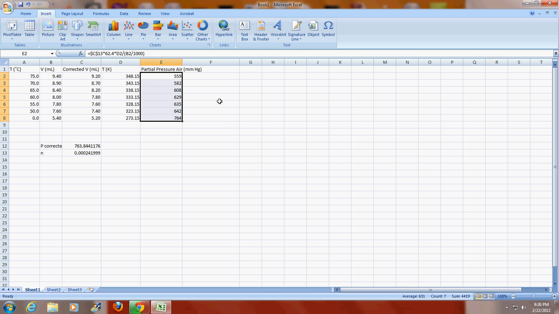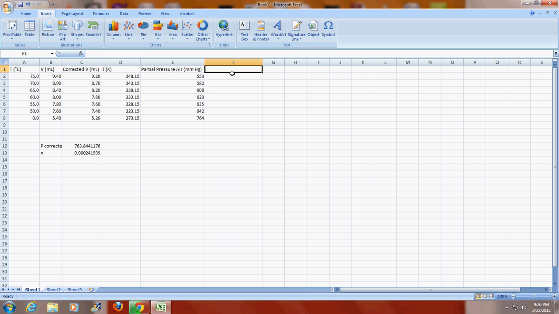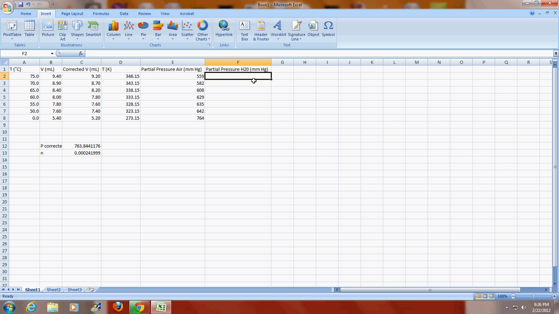Now, in my next column, I'm actually going to have the partial pressure of water, which is what we're interested in. And this, of course, is also in millimeters of mercury. And so to get the partial pressure of water, I'm simply going to take the total pressure, okay, which is this pressure, and I'm going to lock it in place because it's the same.